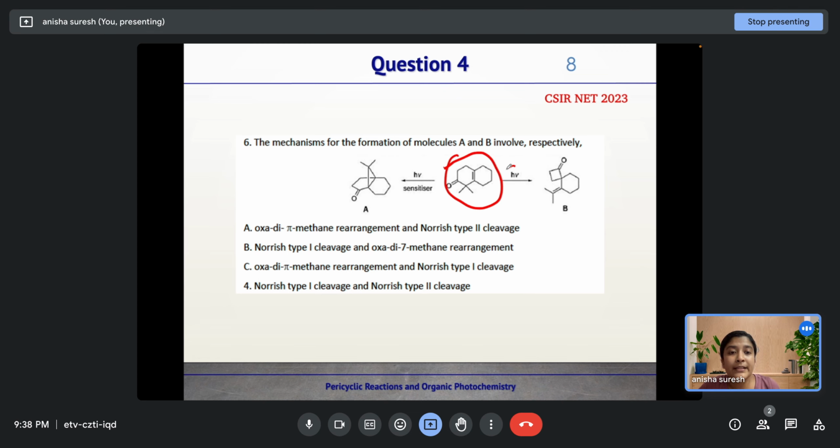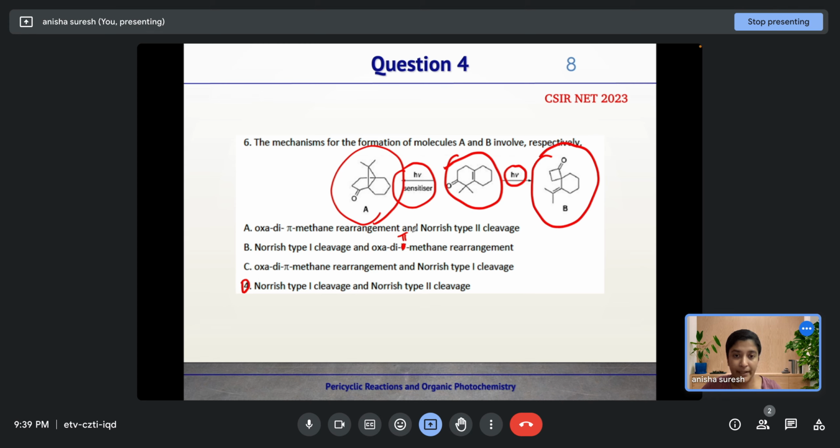Under normal photochemical conditions without the use of any sensitizer, it gives product B. And if we use a triplet sensitizer, it gives product A. We are asked what mechanisms these reactions go through, and the options are: A, oxadipi-methane rearrangement and Norrish type 2 cleavage; B, Norrish type 1 cleavage and oxadi-pi-methane rearrangement; C, oxadi-pi-methane rearrangement and Norrish type 1 cleavage; D, Norrish type 1 cleavage and Norrish type 2 cleavage.